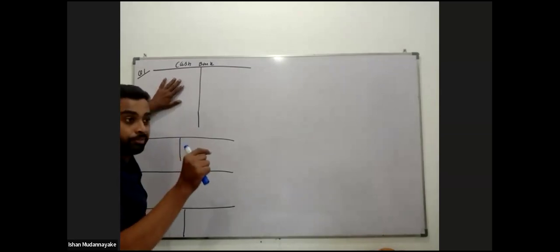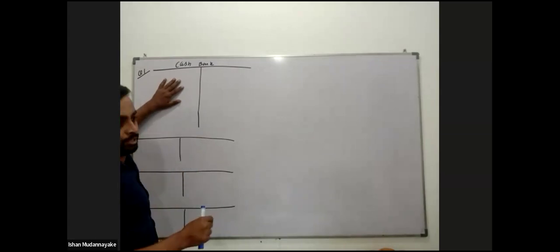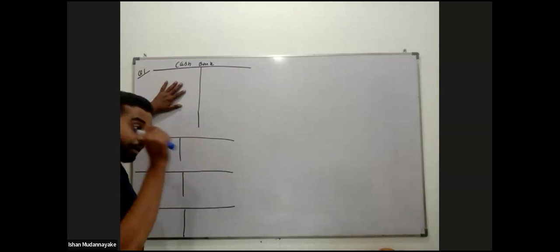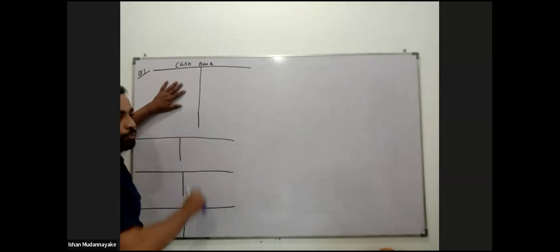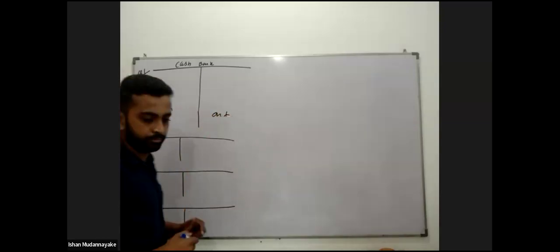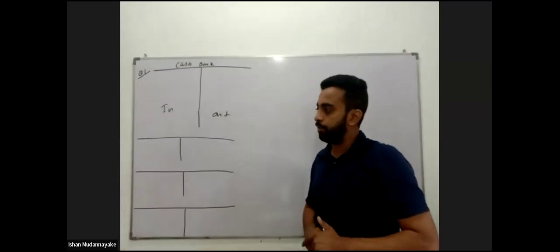If you have a doubt regarding a transaction, regarding a double entry, try to get the idea through the cash book. Students, in the cash book, there is cash inflow and cash outflow.